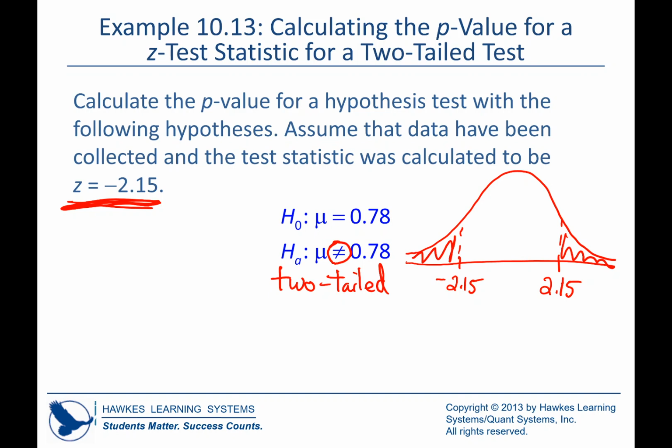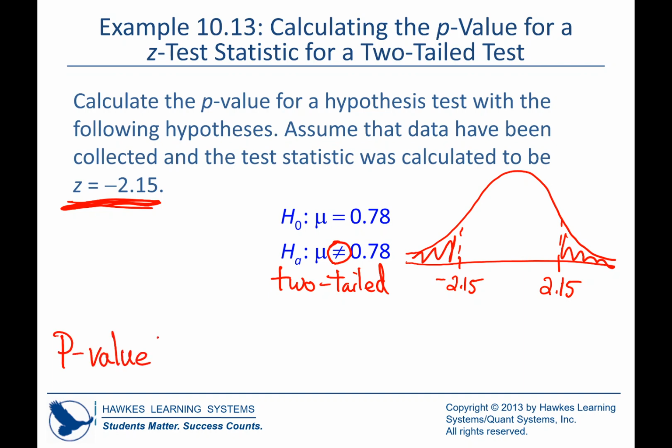So here, we can look up negative 2.15 to get this area. That's going to be the same as this area. So we just take this answer and multiply it by 2 because it's two-tailed.